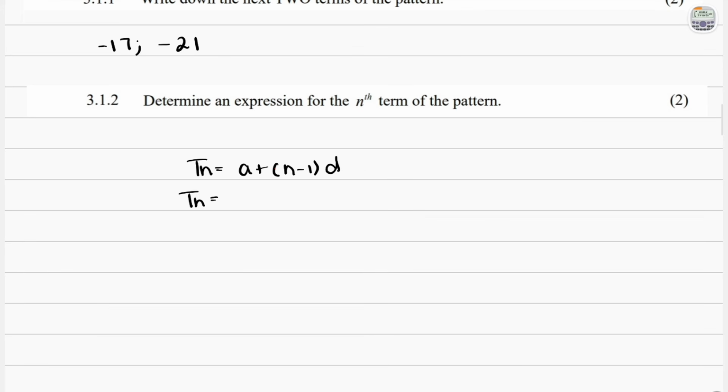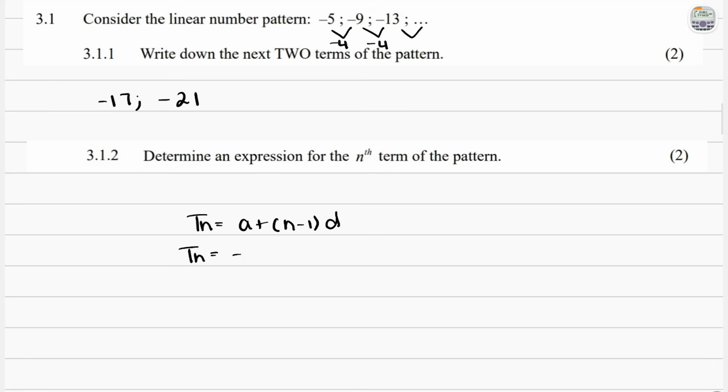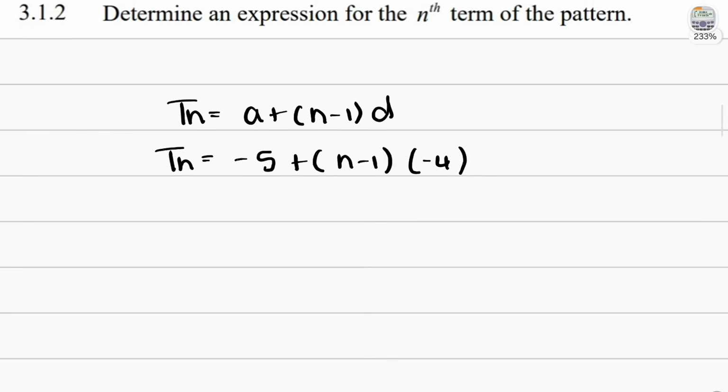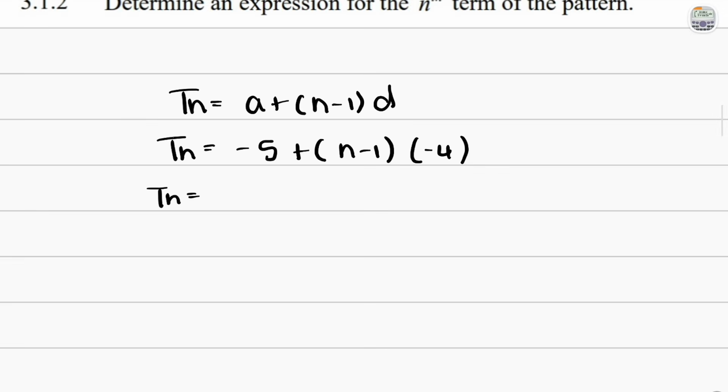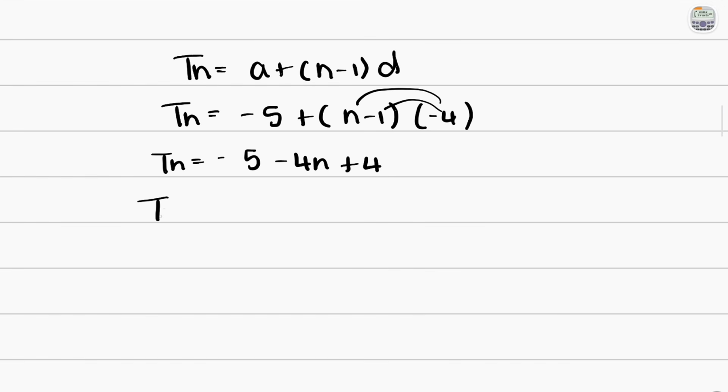So Tn equals -5 plus (n minus 1) times -4. If we distribute, we have Tn equals -5, then -4n, and +4. So Tn is finally equal to -4n - 1, and that is our answer.